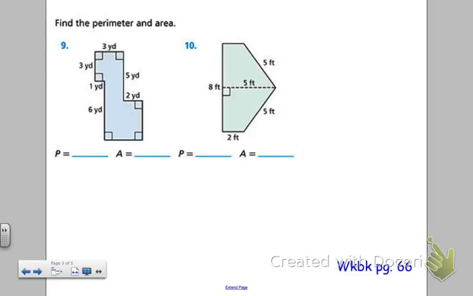Let's see. If I were to break this up, I guess there's actually a couple ways to break it up. Sometimes it's very obvious. Oh, that's a rectangle, that's a triangle. And sometimes you might see that you have different ways that you can decompose this figure. For example, you may want to break it up this way. Here you have a square and 2 rectangles.